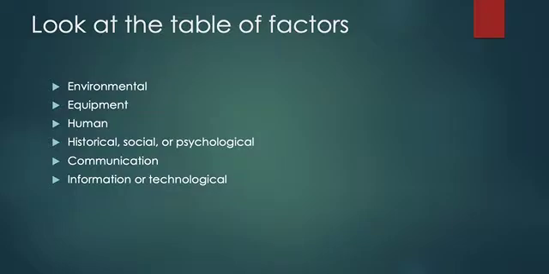Is the terrain hilly? Is it flat? Is it moist? Is it dry? These are all environmental factors that cause certain types of problems. And environmental factors can also be attributed to our homes, right? So maybe the air in our home is particularly dry in the winter because we have the heaters going a lot. So think about things like that when you're thinking about causal factors for your particular problem.